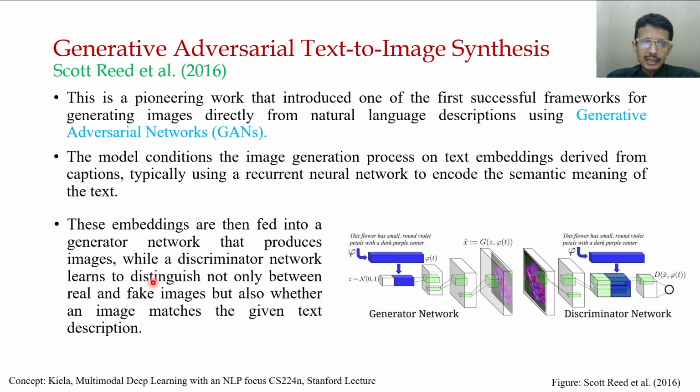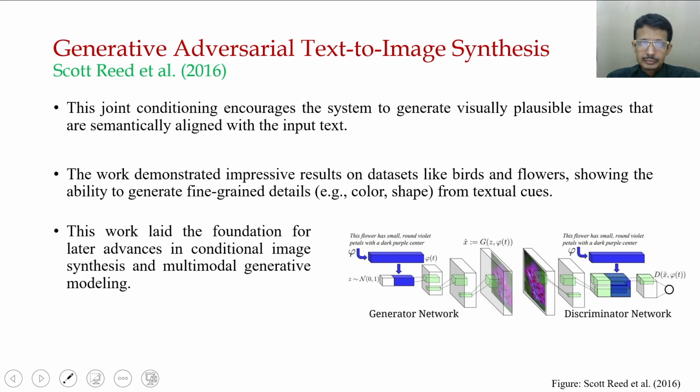The generator network produces the images, where a discriminator network learns to distinguish not only between real and fake images, but also whether the image matches the given text description. So there are two types of loss. One is definitely the adversarial loss, which checks that the image looks quite natural, and the other is how well it is aligned with the text description. So these two things will be taken care of.